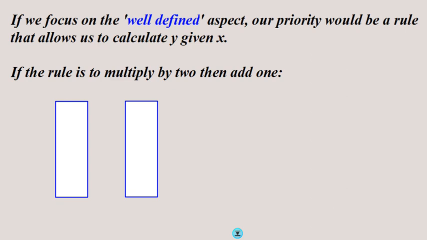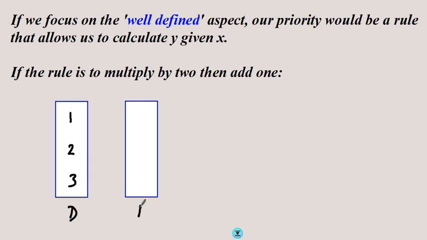If we now focus on the well-defined aspect of the definition, where a function is a well-defined relationship, then our priority would be to find a rule that allows us to calculate the value of y given the value of x. Now, let's say that for a certain function, the rule is to multiply by 2 and then add 1. And let's assume that the elements of the domain are 1, 2, and 3.